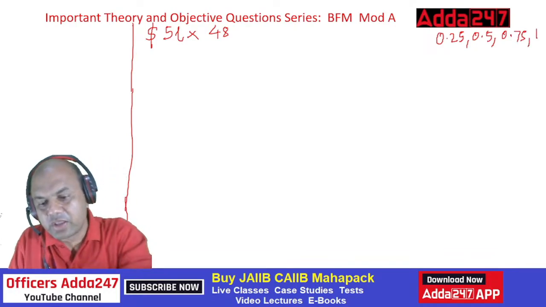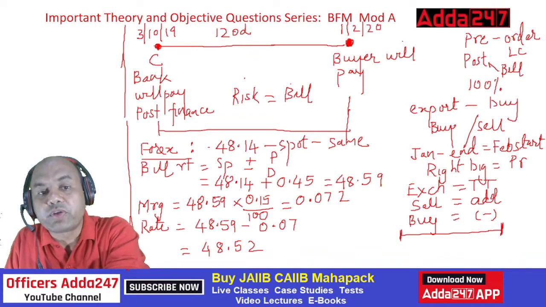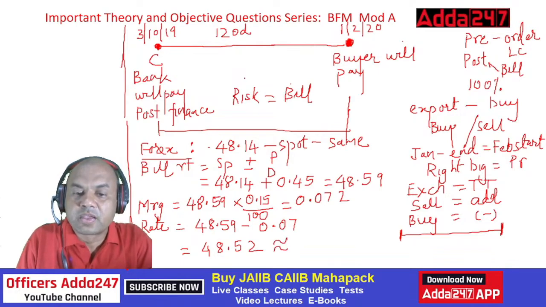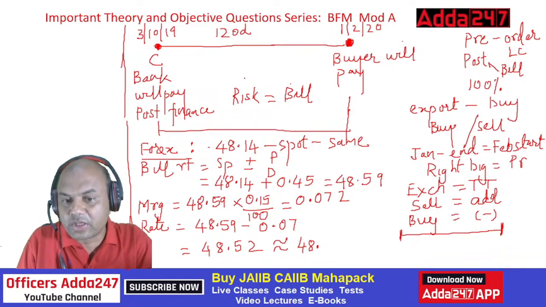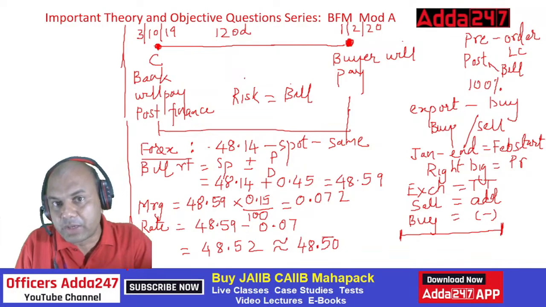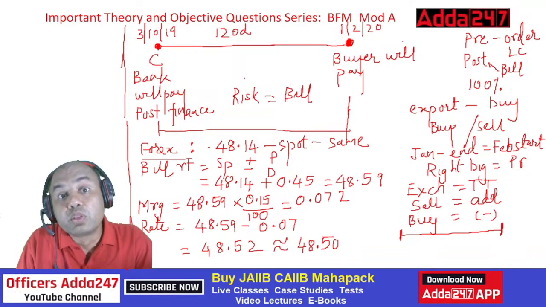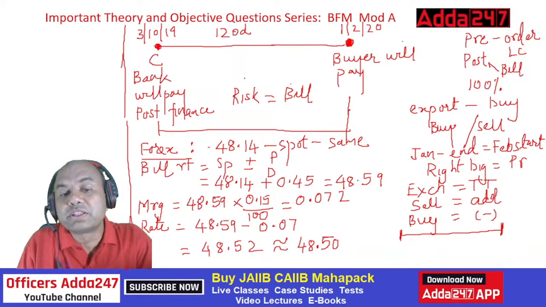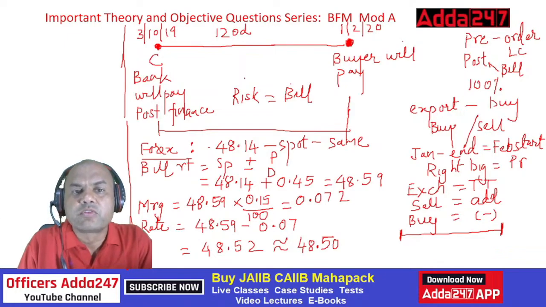So what is my rate over here? 48.52. So what is the nearest 0.25 to this? It is 50, right? So I'll be using 50. And always remember, whenever you are using the buy rate, always round it off to the lowest nearer. Somebody can round this off to 48.75 also, because 75 is also near, and 50 is more near.